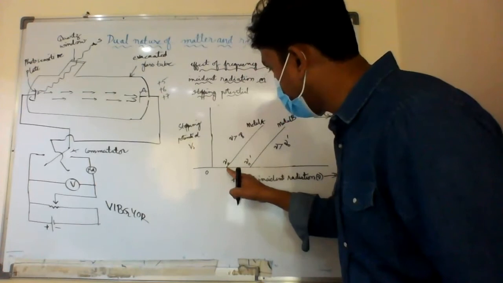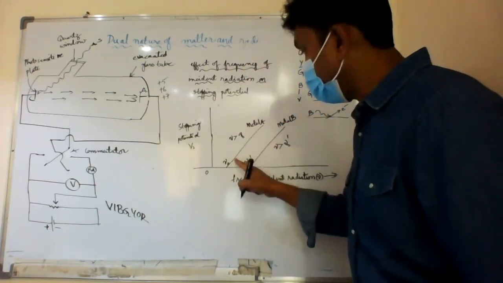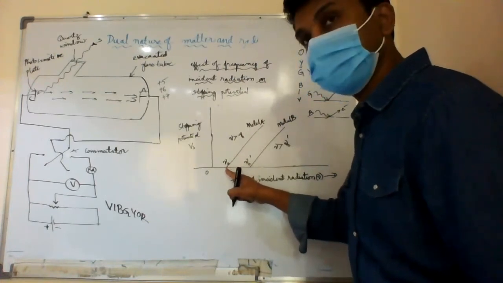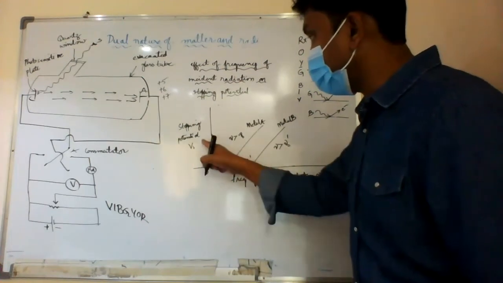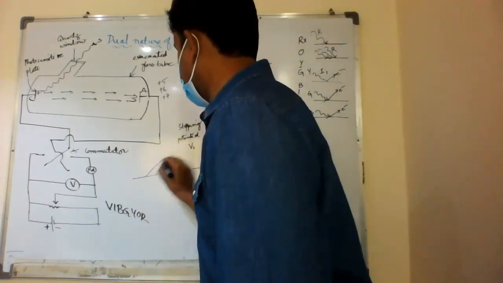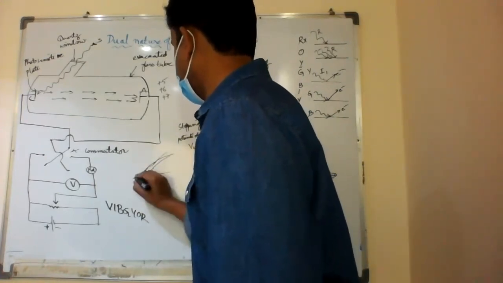This is the threshold frequency for that metallic surface. As I'm increasing the frequency, stopping potential is also increasing. The previous one you have seen that, like this, right?